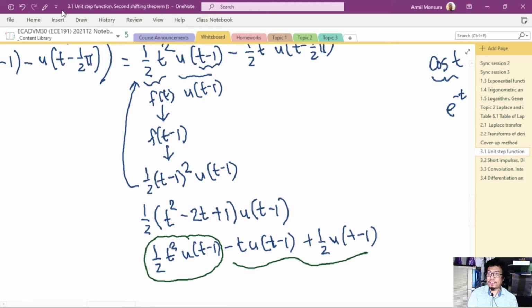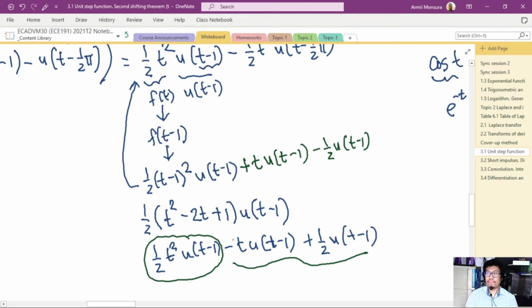Which means that I have to add the term t times u of t minus 1, and then subtract this, minus 1 half u of t minus 1.